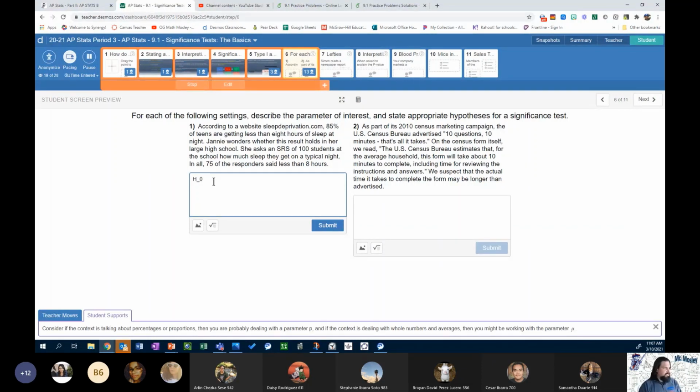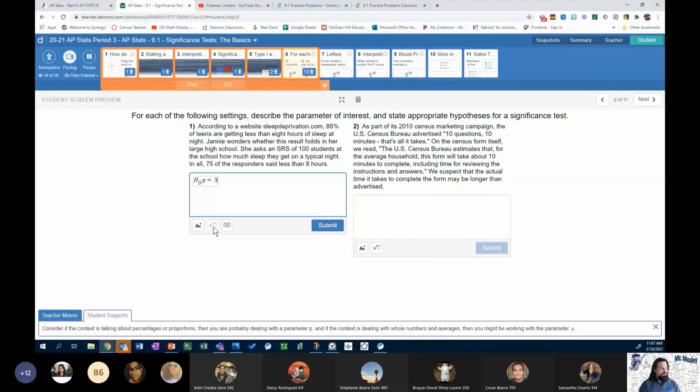I can then say colon, P equals some number. If I type it like this and then I highlight it and hit the type math, it switches it into nice notation.